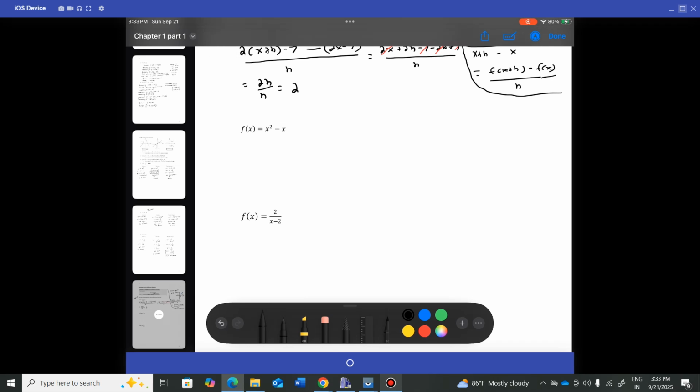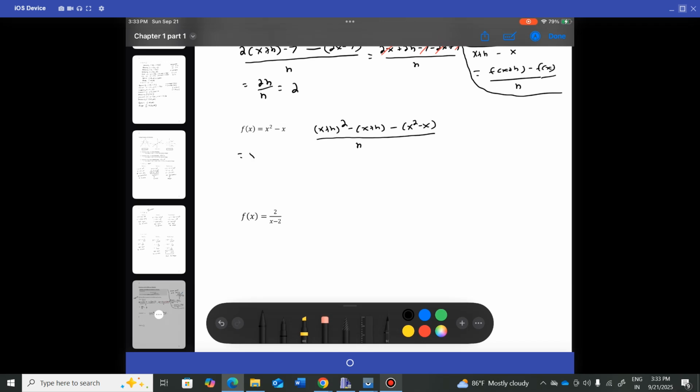x squared minus x. So we'll have x plus h squared minus x plus h, then minus x squared minus x, all over h. Okay. So now I'll do that here. We'll FOIL out the x plus h, distribute the negative signs, and look at what cancels.